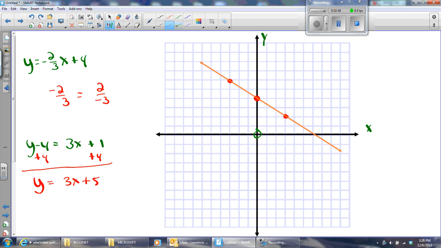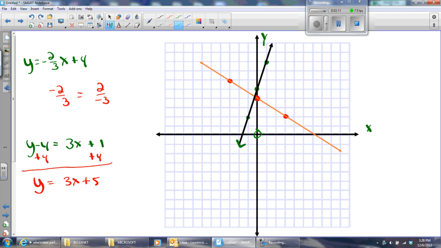And in that case, I know that my y-intercept is at 5. 1, 2, 3, 4, 5. And then my slope is 1, 2, 3, and over 1. And of course down here 1, 2, 3, and back 1. And then I can draw my line. And so it's going to do something like that. Put an arrowhead on it and I'm good to go.